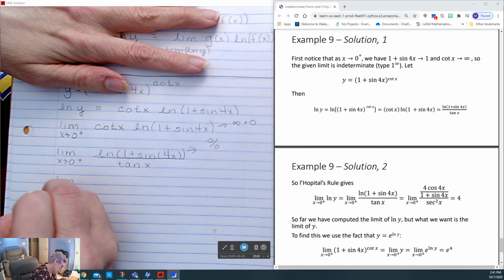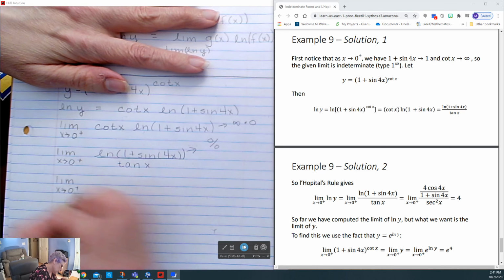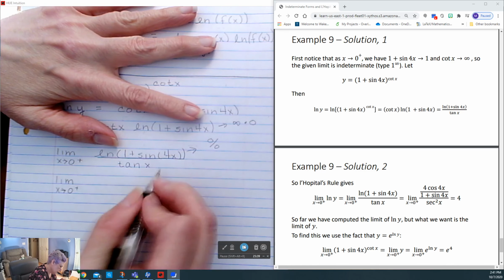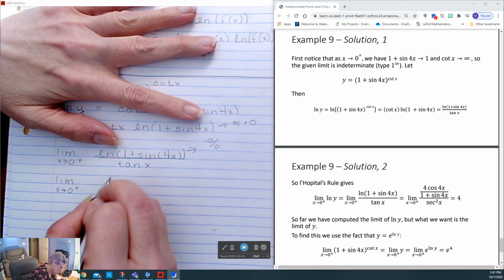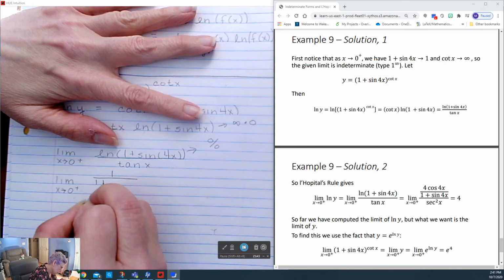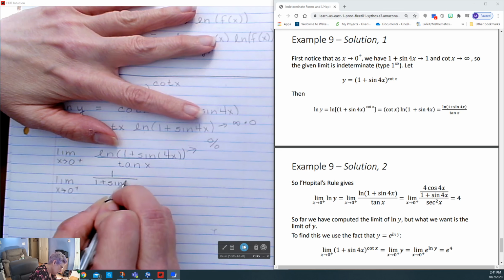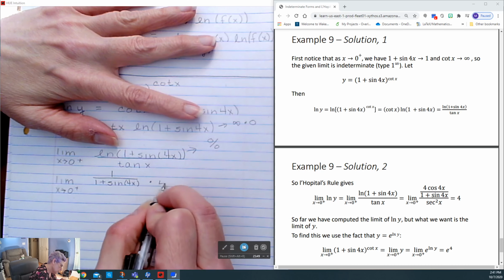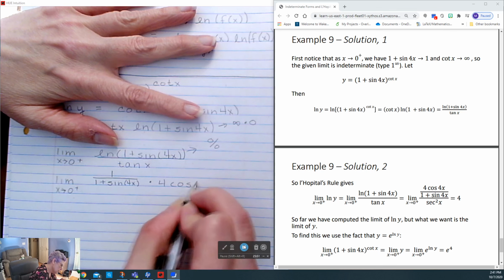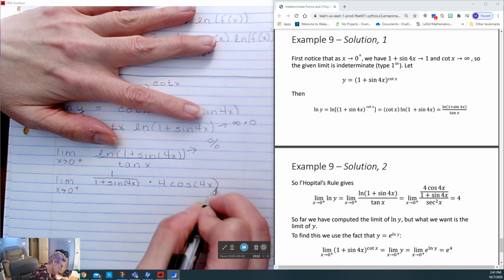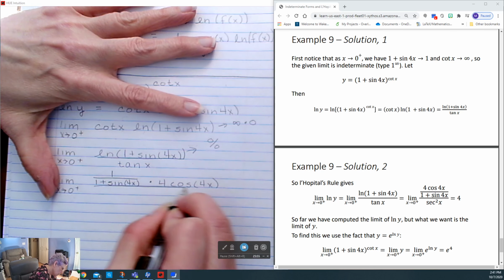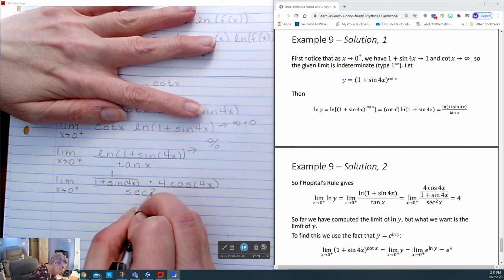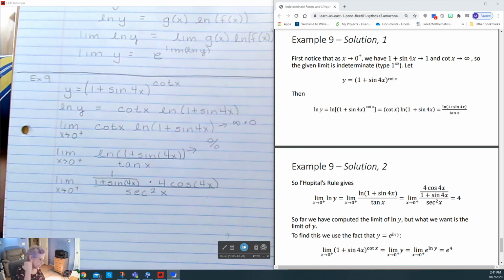Limit as x approaches 0 from the right, natural log of this is equal to 1 over 1 plus sine of 4x times 4 cosine of 4x, all of that divided by secant squared of x.